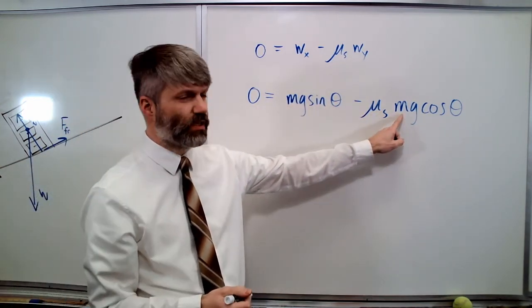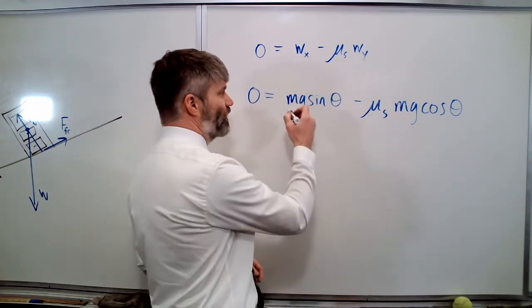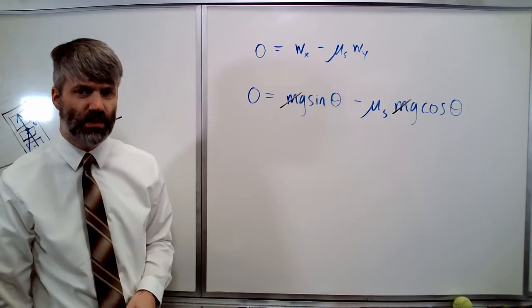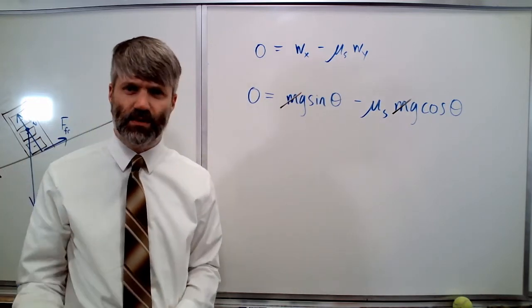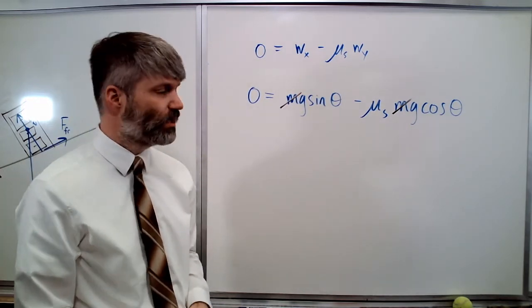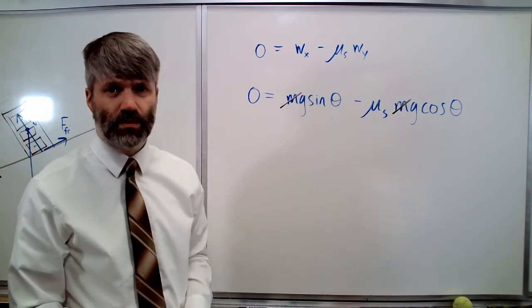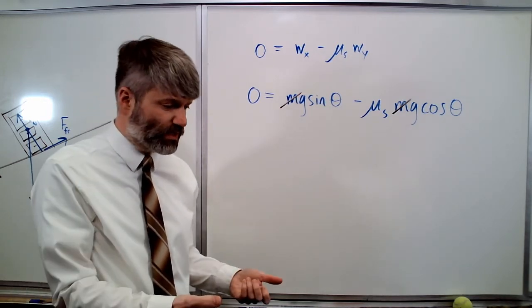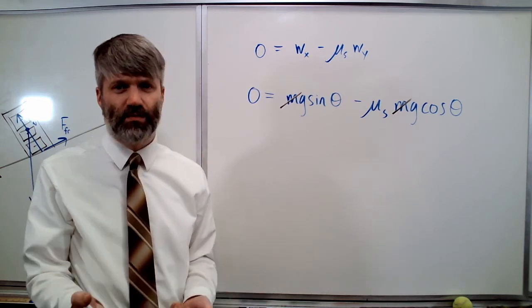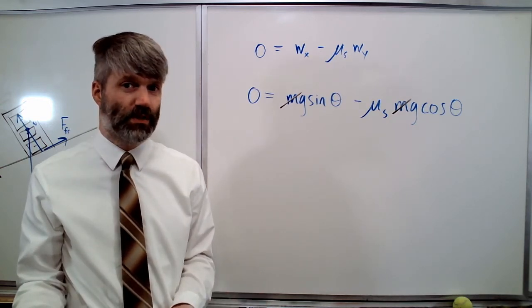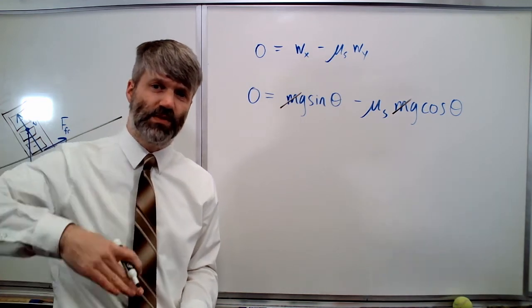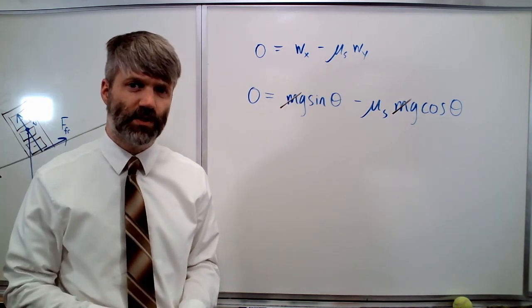0, m and m. What happens to the masses? Mathematically speaking, they cancel. What does this mean in the physics world? In the physical world, this means that the mass doesn't matter. You could have a 50 kilogram cabinet, you could have a 5 gram cabinet, and they'll both have to be tilted to the same angle in order to start moving.